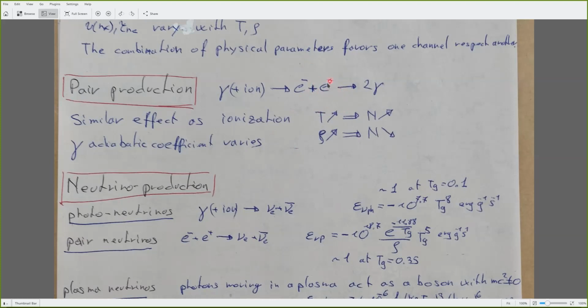Then the positron can react with an electron in annihilation, with the production of two gammas. You need an ion to have perfect conservation of energy and momentum. So also when they annihilate with each other, they produce not one gamma, but two, because otherwise you cannot conserve both energy and momentum.